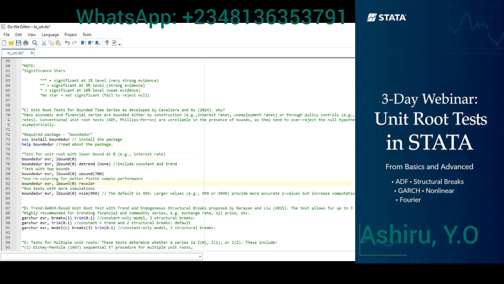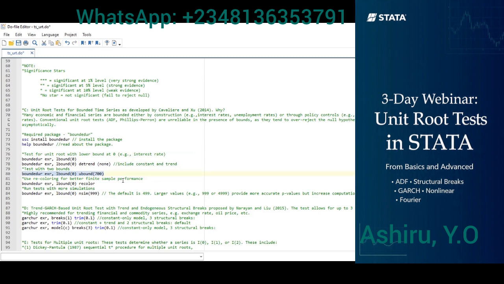In case you also have a series that has an upper band that does not go beyond a certain bound, we can also capture that. For example, if I assume it cannot go above 700. You can see this is the lower band, and this is the upper one. My lower band I set to 0, while the upper band I set to 700. I can also run this one, but I'm not going to run that because of time.